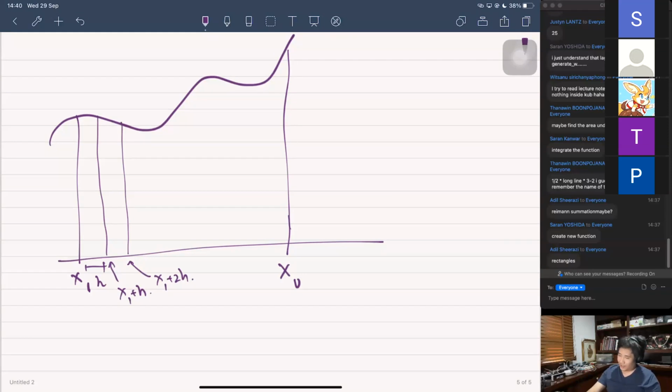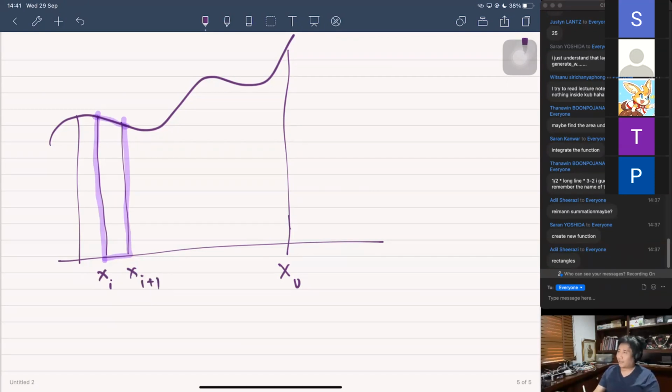So let's consider this trapezoid. How do I find the area of each trapezoid? Actually, let me just call it xi, that's easier. This is xi. This is xi plus 1.